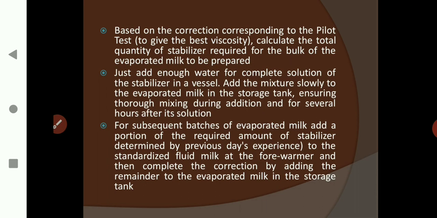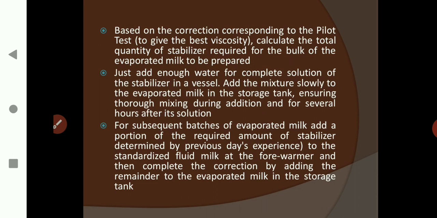You remember you cooled and kept that milk in a large storage tank at 5 degrees Celsius. So you found out the concentration of stabilizer salt for that batch of concentrated milk. Now, based on the correction corresponding to the pilot test, calculate the total quantity of stabilizer required for the bulk of the evaporated milk to be prepared.